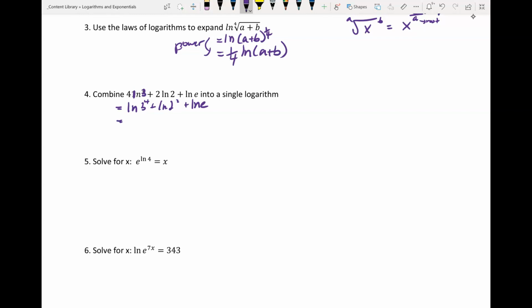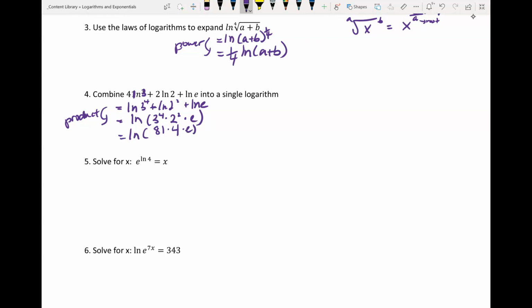Now I'm going to use our product law here to combine them all together because we have a plus sign between each term. So this becomes 3 to the power of 4 times 2 to the power of 2 times e. 3 to the power of 4 is 81. 2 to the power of 2 is 4.